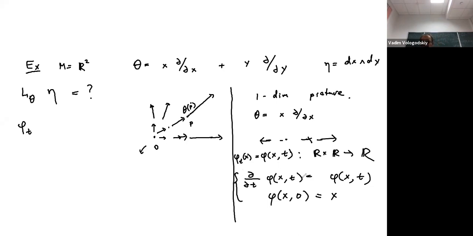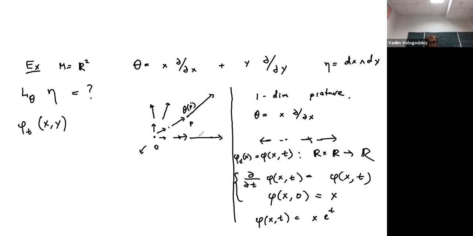Well, and that's easy to solve. Any solution of this differential equation has the form exponential of t times a function in x. And if you want to satisfy this initial condition, you'll find that phi of x comma t is equal to x times e to the t. Okay? And now we can write down the formula here.